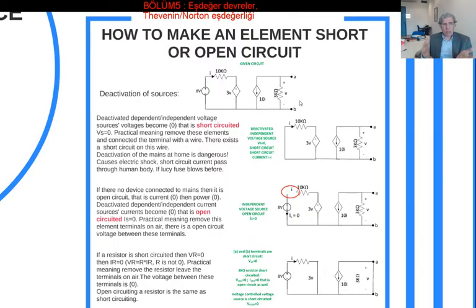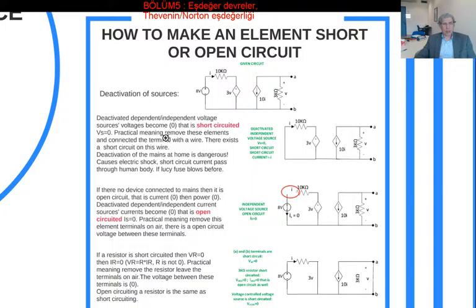Deactivation of the dependent and independent voltage sources means voltages become zero. When you say I deactivated an independent source, that means you change this independent source voltage from a known one to zero. That's short circuit.